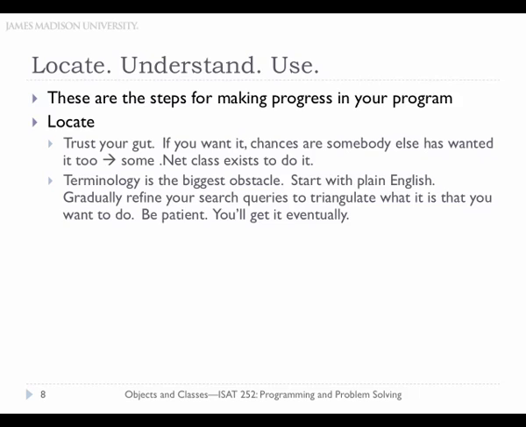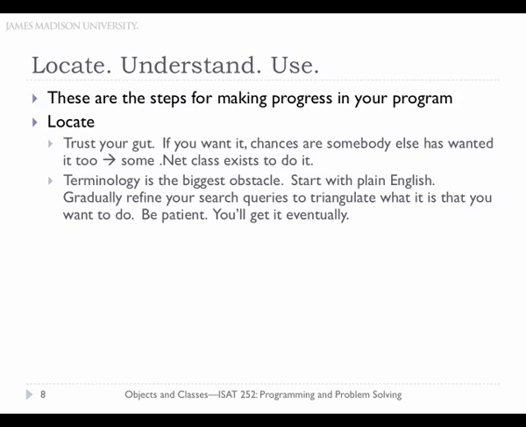In general, when you're trying to locate a class to use for your program, terminology is the biggest obstacle. The names that the programmers at Microsoft and at Sun, where Java is developed, give to the classes that they put into their APIs, into their frameworks, are not intuitive to people who have not been programming for a while.